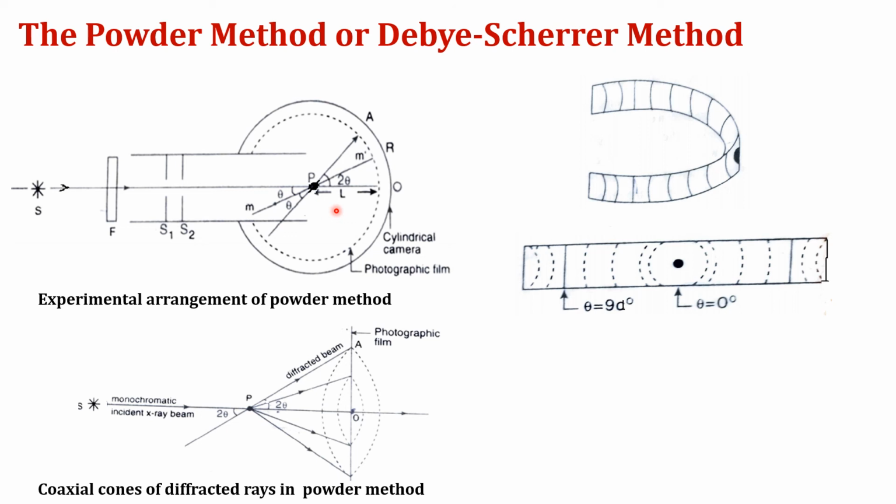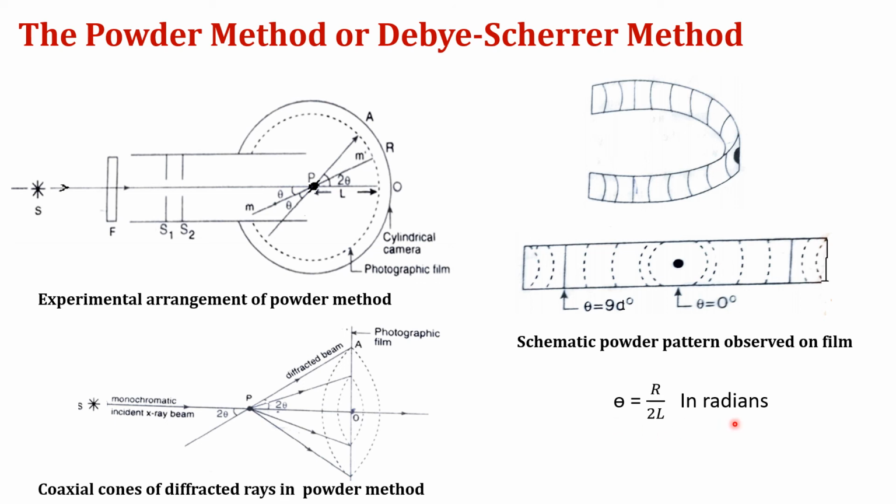We consider L as the radius of the camera. Then what is the glancing angle 2 theta? 2 theta equals arc divided by radius, so 2 theta equals r divided by L, or theta equals r divided by 2L.